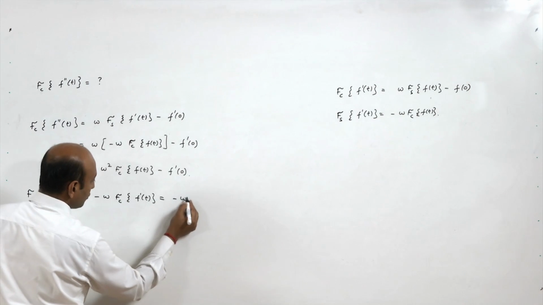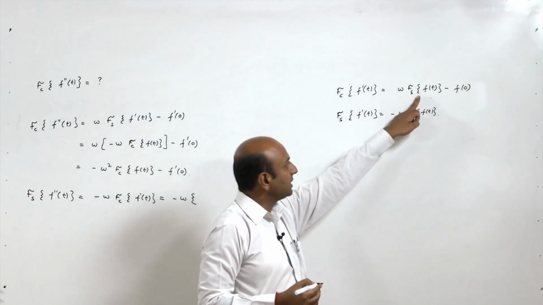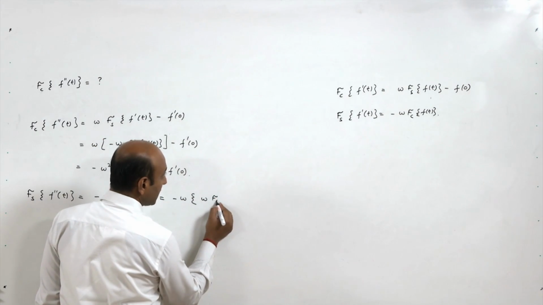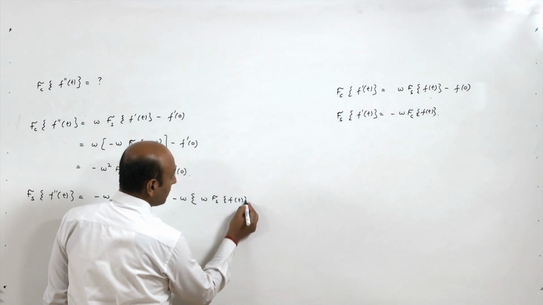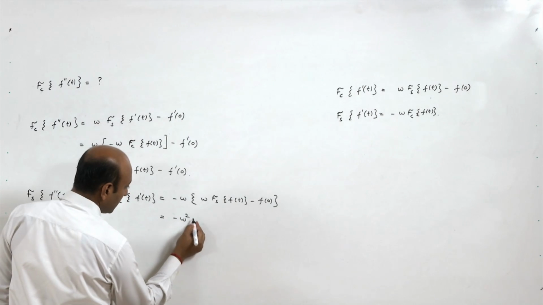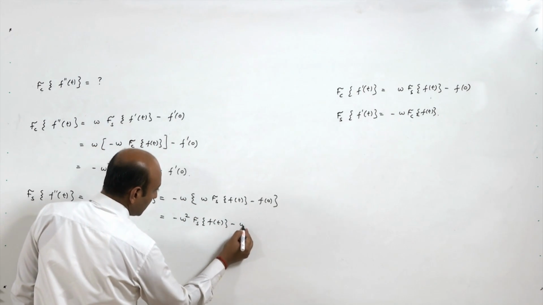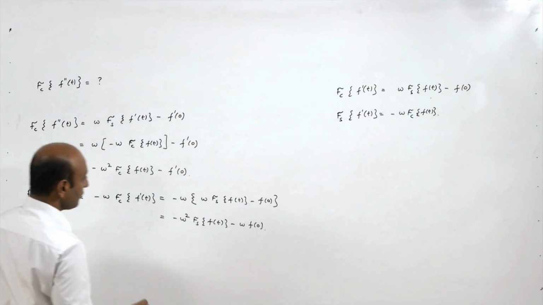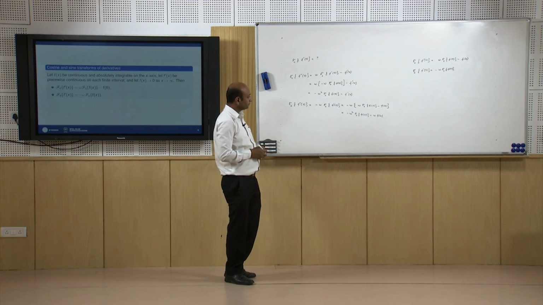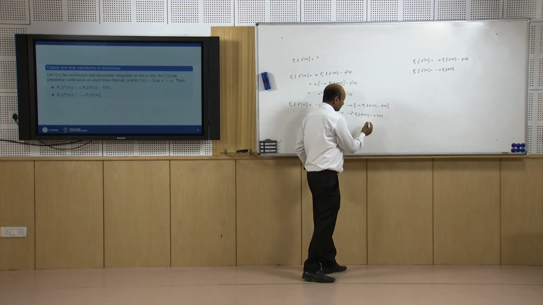Now, Fourier cosine transform of f dash t from the earlier expression, you can simply substitute here, it is omega Fourier sine transform of f t minus f 0. So, that will be nothing but minus omega square Fourier sine transform of f t, and minus omega times minus f 0 is really plus omega f 0.